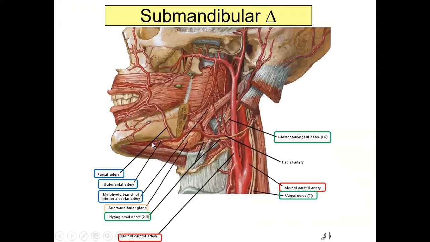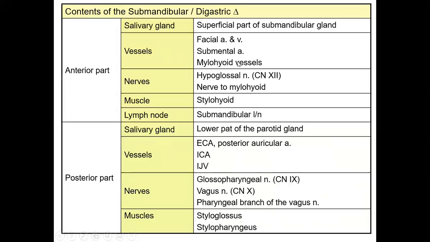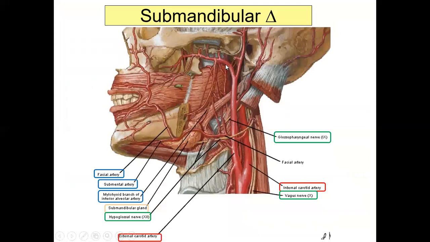If you see here, this is the submental artery, at the anterior part of the submental triangle. And we have the mylohyoid vessels. This is the mylohyoid vessel, but you have to go downward here.